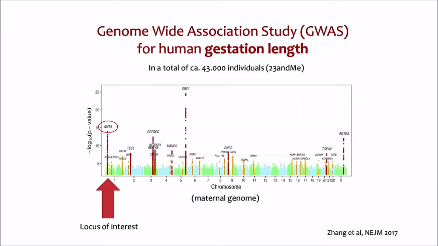This is mostly European ancestry, and what is important for me to say here is that this study was run on continuous data, so really on gestational length, not just asking the question preterm or not. It's important because that's actually a trait.